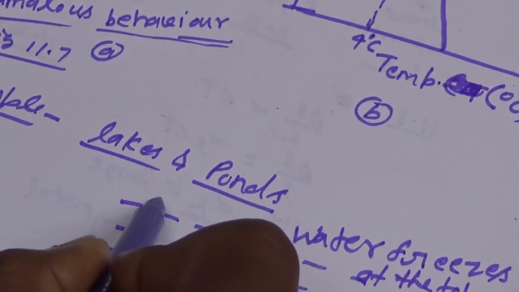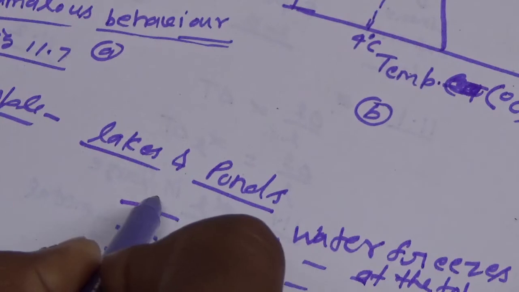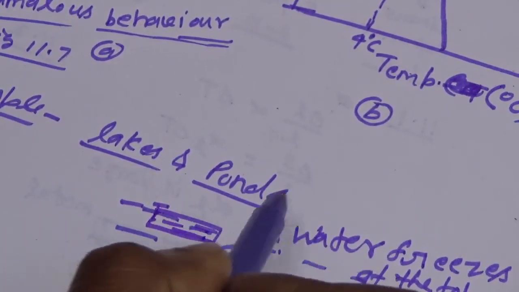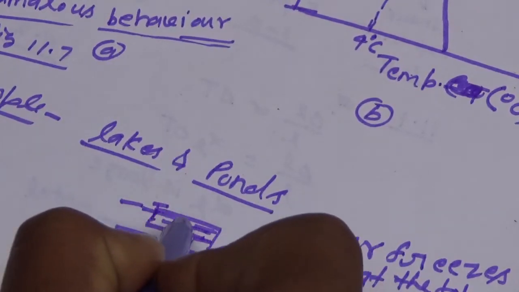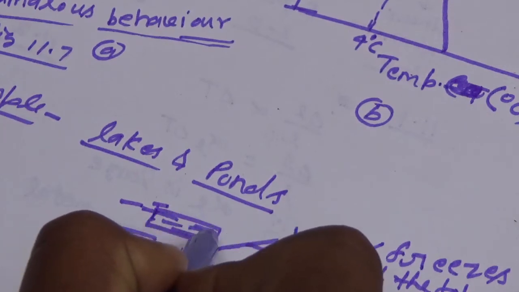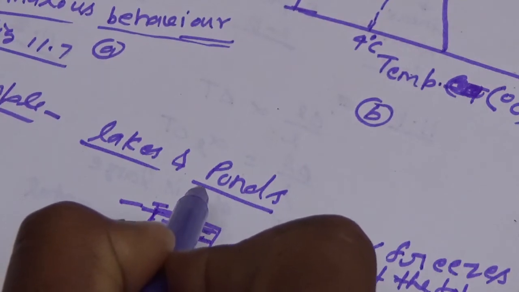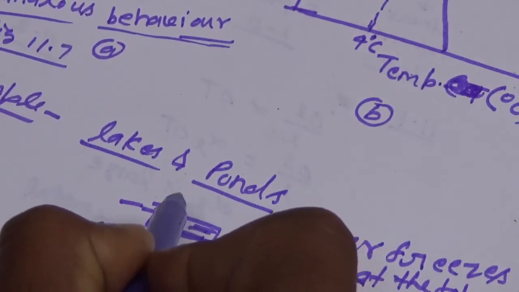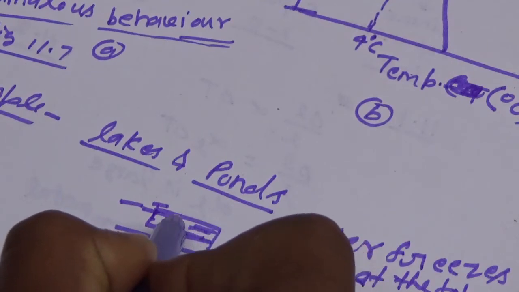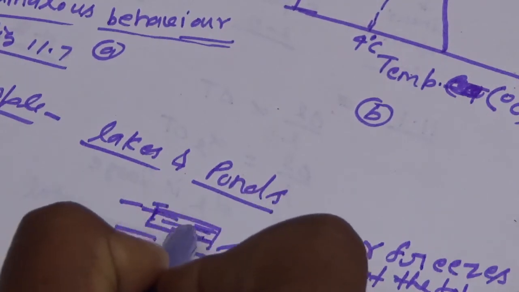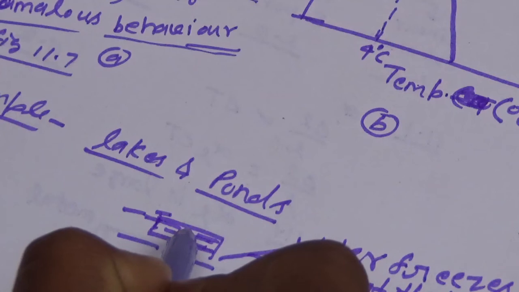If we consider some amount of water at this point, some temperature of this liquid, which is present at the top surface of these lakes or ponds, will be low.